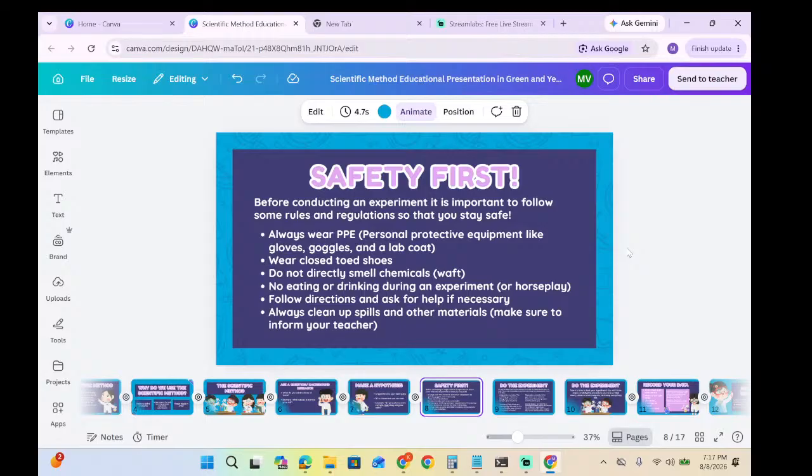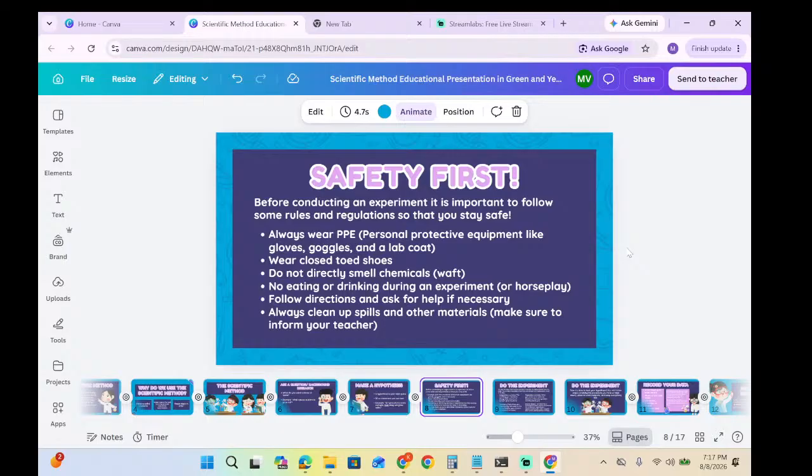Once you inform your teacher, they will either tell you what you have to do, maybe give you a broom and something else to clean it up, or they will do it themselves. This is so that you're not touching anything without wearing your gloves. It's just for your safety. So these are important things that you should follow.